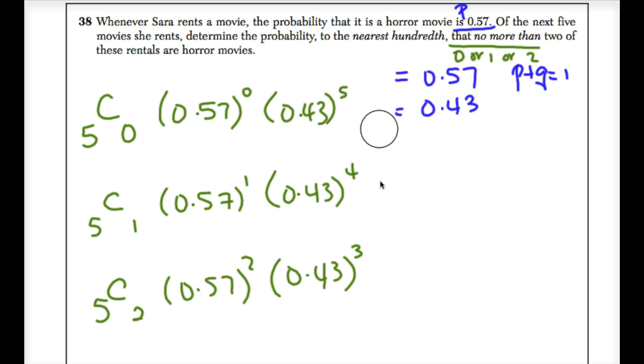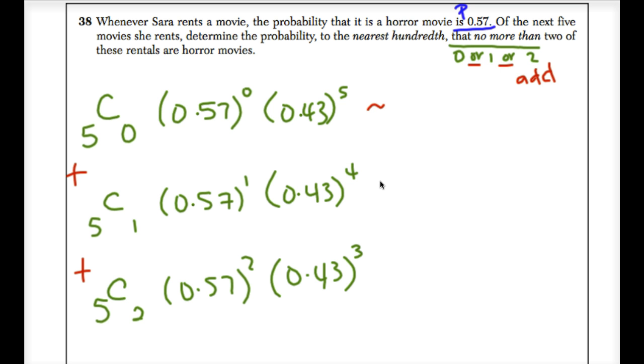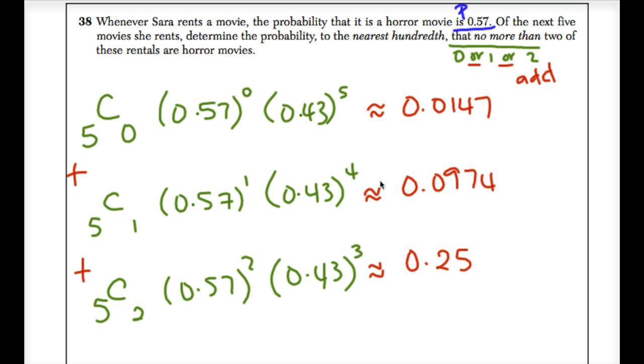Now, what does OR mean? Remember we said OR is a little special. Whenever you see the word OR, that means we add. So I'm going to take the probability of these 3 and add them together. It says to the nearest hundredth, which is 2 decimal places, but first I'm going to do 4 decimal places and then round my final answer. You can go ahead and check these numbers in your calculator, make sure I'm correct.